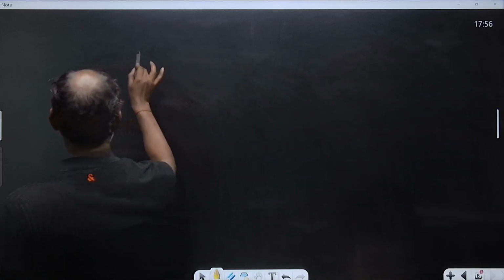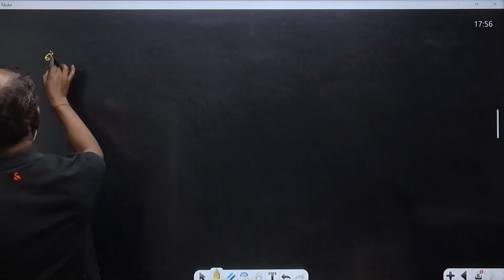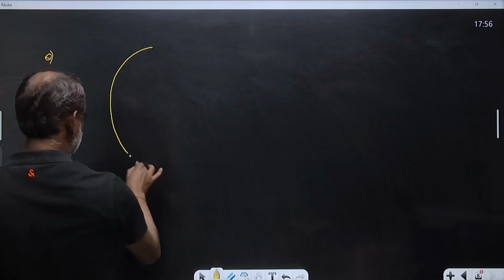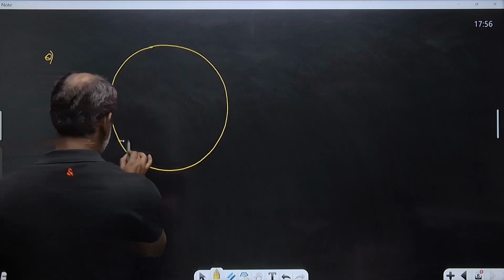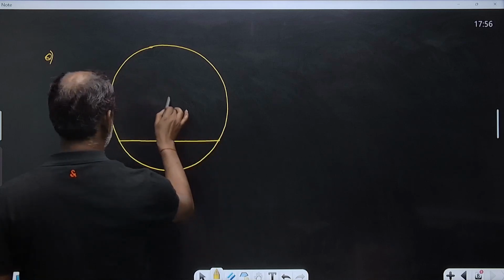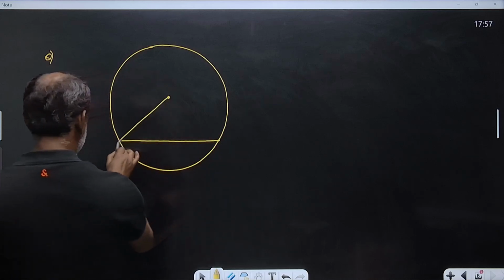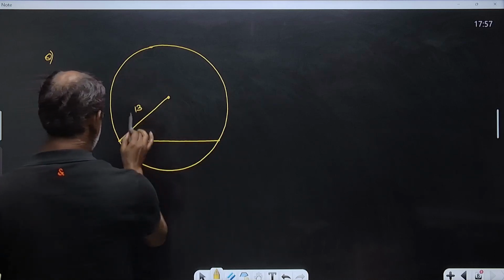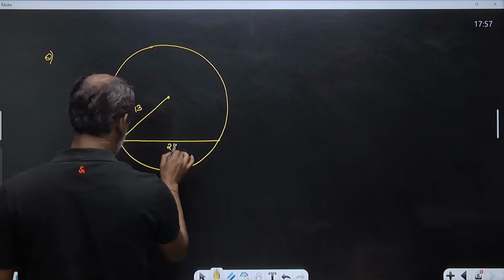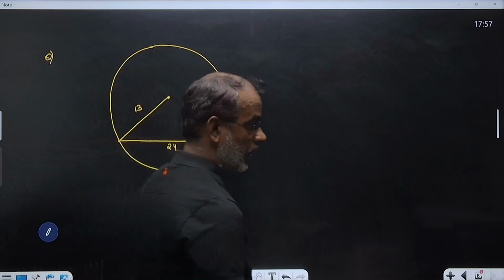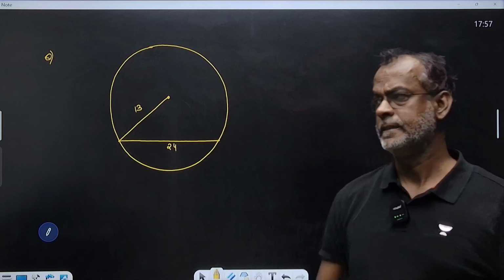Suppose you are given a circle. A very simple problem: if the radius of the circle is 13 and the length of the chord is 24, how far is the chord from the center?